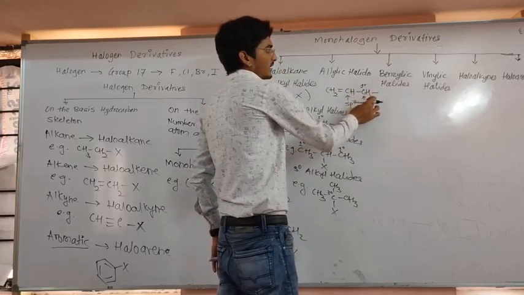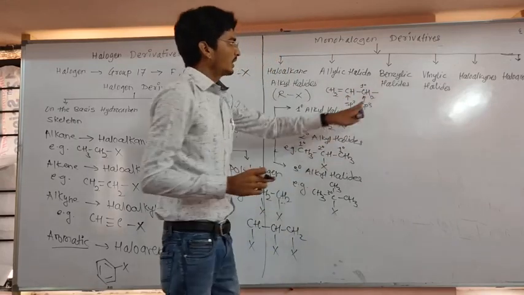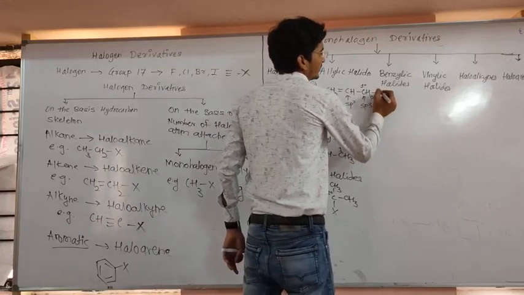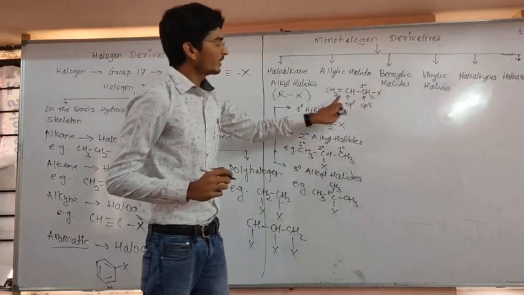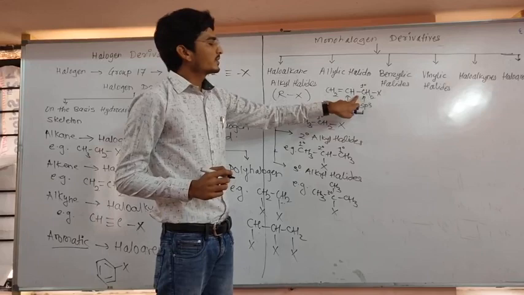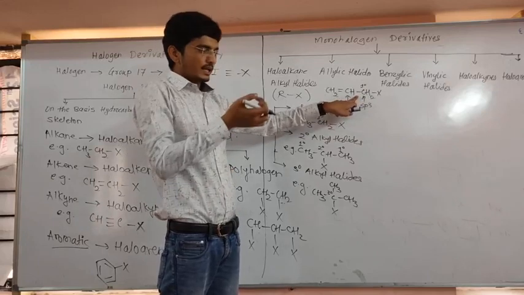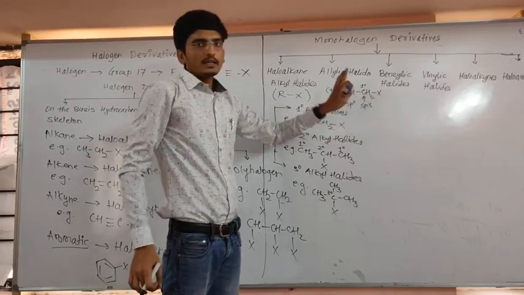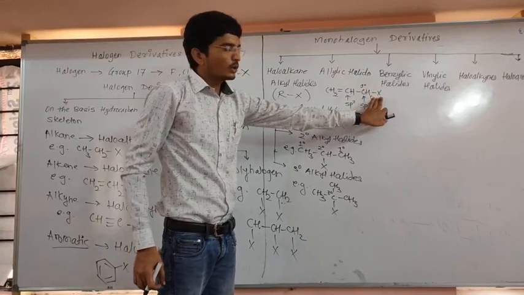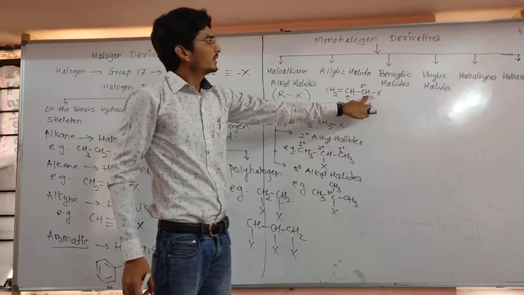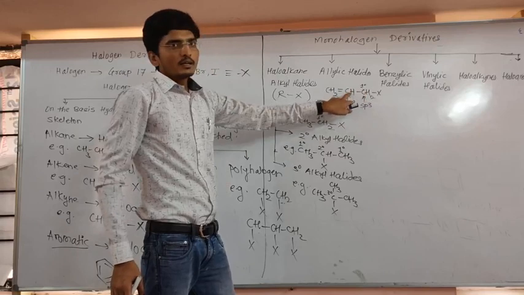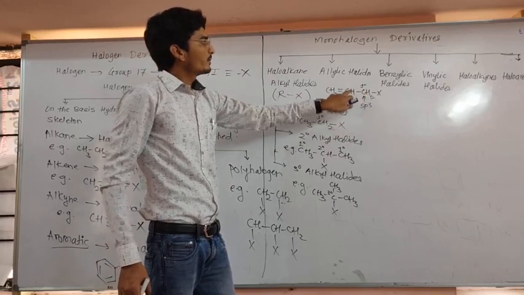Then such sp3 hybridized carbon is called allylic carbon, and when the allylic carbon is attached with the halogen, then such compound is called allylic halides. So this is the allylic group when X, that is the halogen, is attached with the allylic carbon. The allylic carbon is a primary carbon, but it is bonded with the sp2 hybridized carbon.